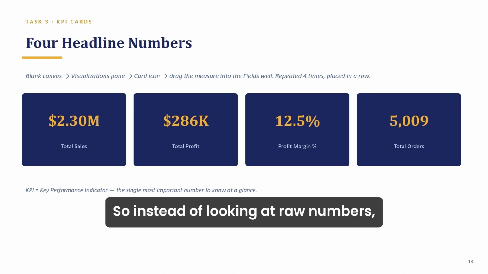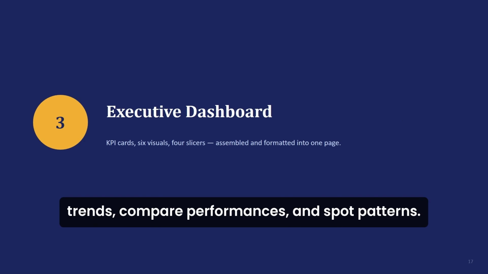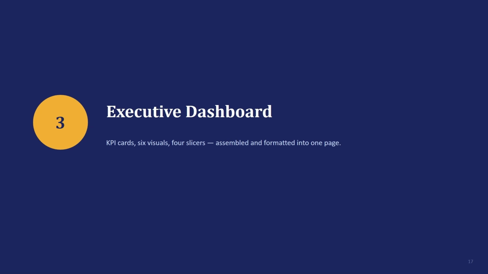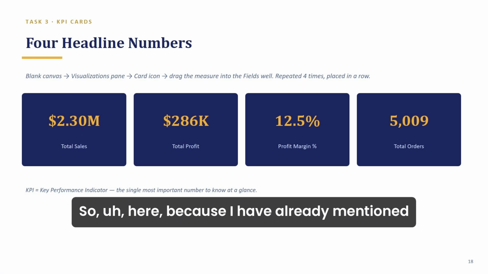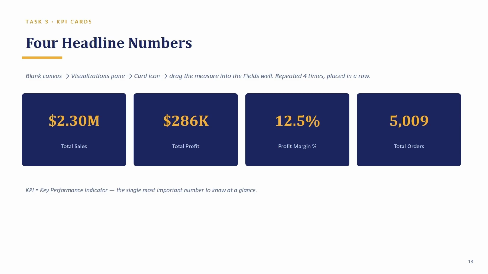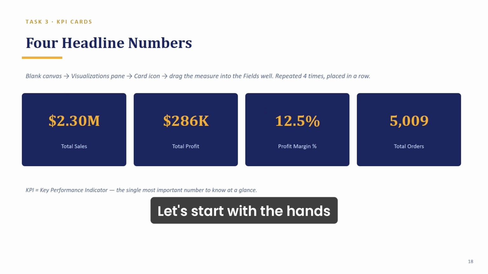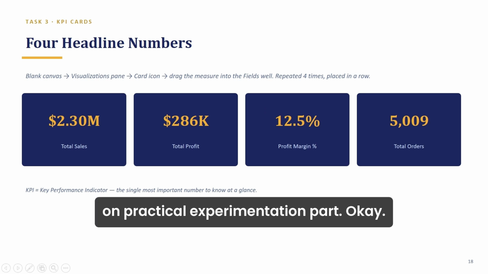So instead of looking at raw numbers, we can now easily identify trends, compare performances, and spot patterns. All right, so here because I have already mentioned that I have already worked with this data and making the dashboard, so here I already got the results. So quickly let's start with the hands-on practical experimentation part. Okay.